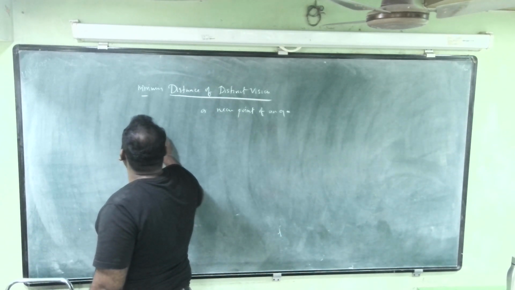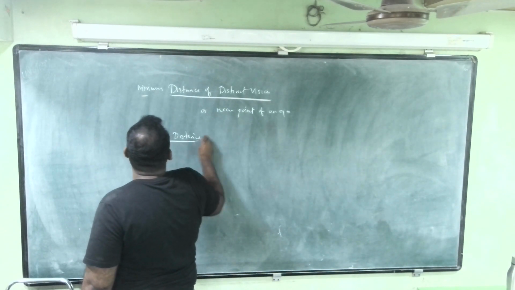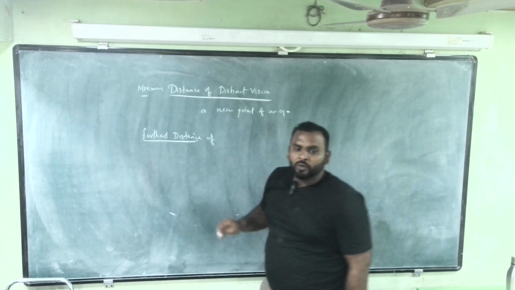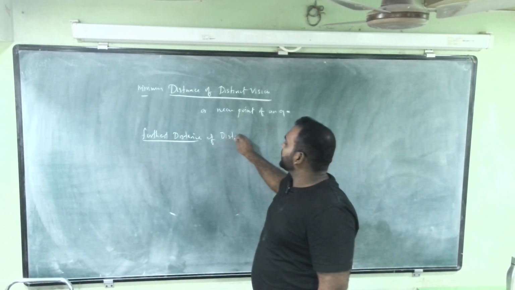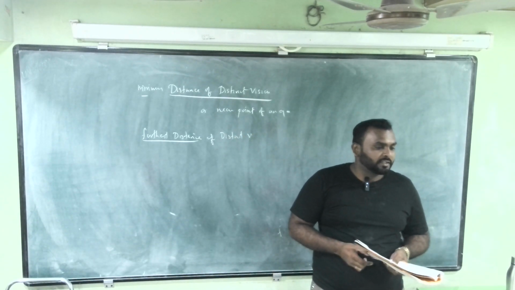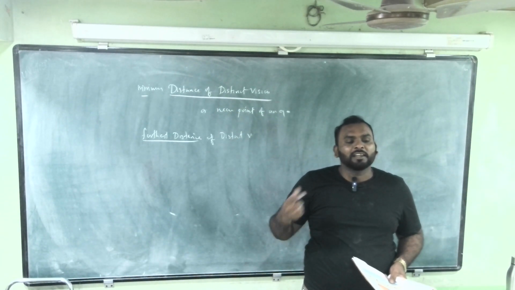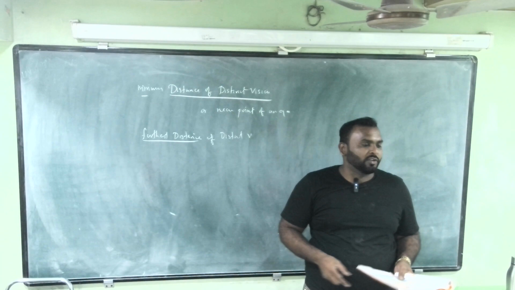Now next we'll be learning farthest distance of distinct vision. What is farthest distance of distinct vision? It is the farthest distance of an object from a normal human eye at which the object can be seen clearly and distinctly without any stress on the eye.